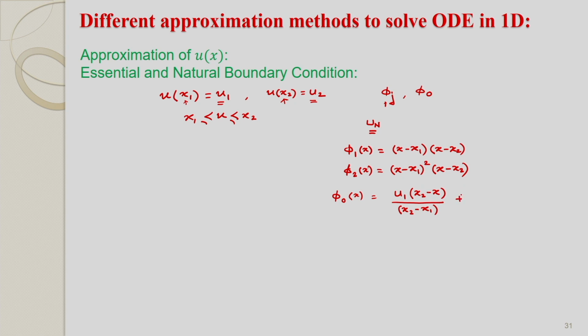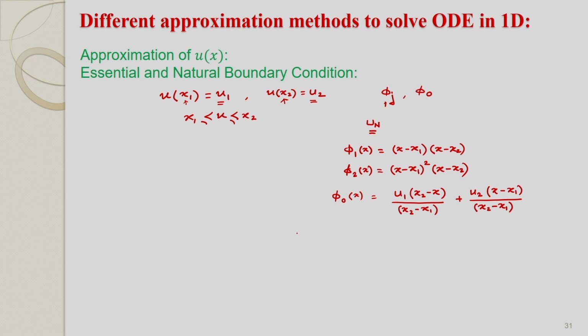Similarly, to take care of the other non-zero part, if you put x equal to x2, this part is u2, and x equal to x1, this part is 0.